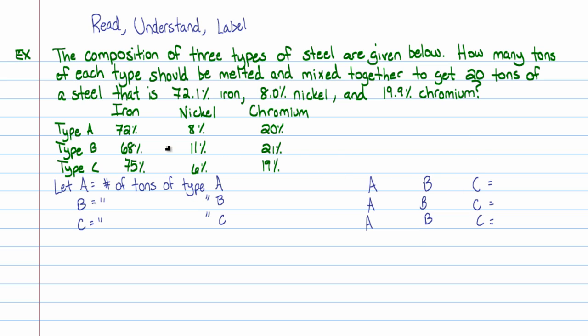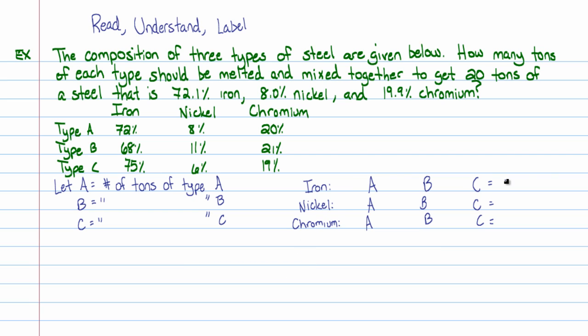So the columns, like the iron column, the nickel column, and the chromium column, must correspond to my rows here. So I have an equation that's all about the amount of iron, and I have an equation that's all about the amount of nickel, and I should have an equation that's all about the amount of chromium.